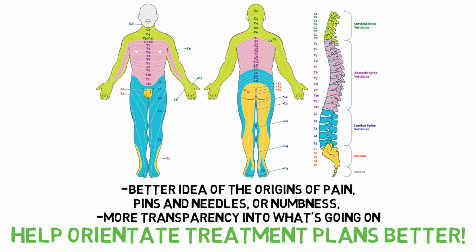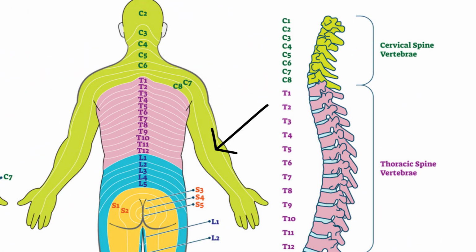To show you what I mean, I will use a basic example to keep things simple. When someone feels one of these sensations at the bony protrusion of the elbow, which, as you can see on the map, is the C7 dermatome, this means that there may be a dysfunction causing it at the C7 vertebra.